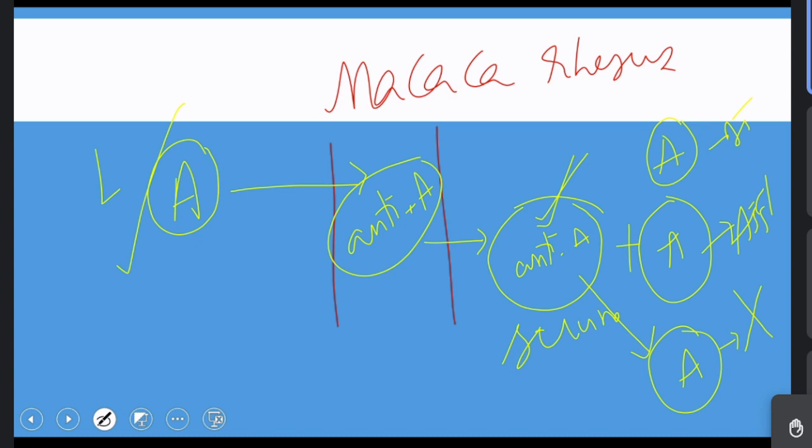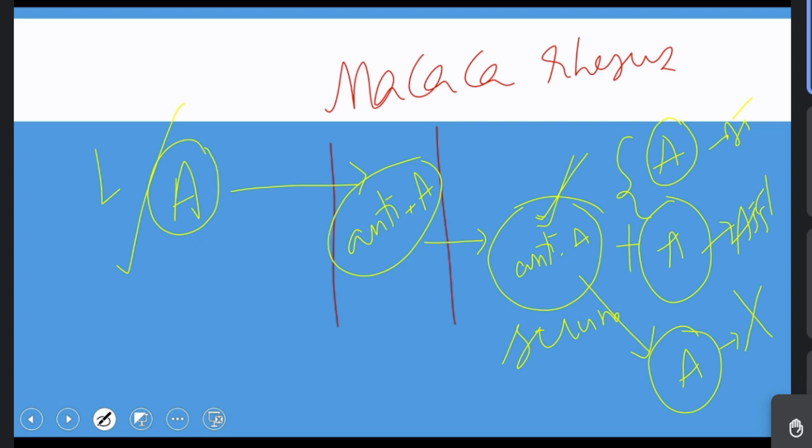That means with some persons agglutination for the A antigen is taking place, and in some other persons agglutination with the same antigen is not taking place. We cannot see with our naked eyes whether the blood contains anti-A antibody or not.